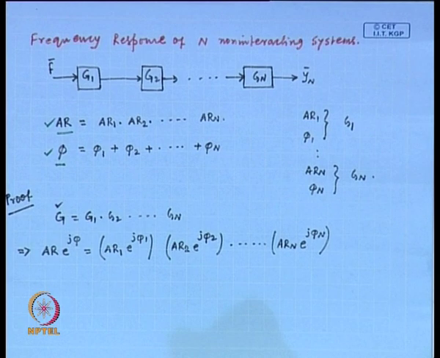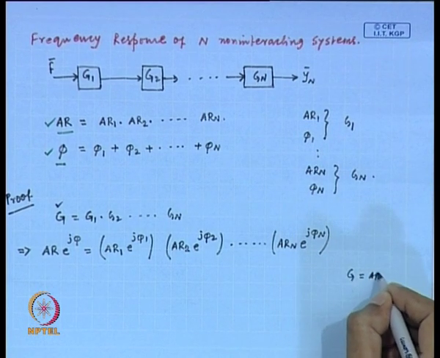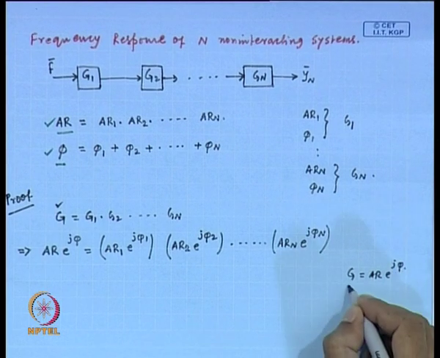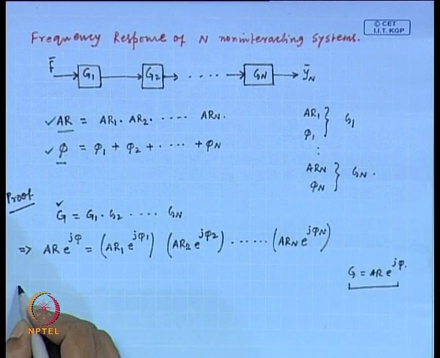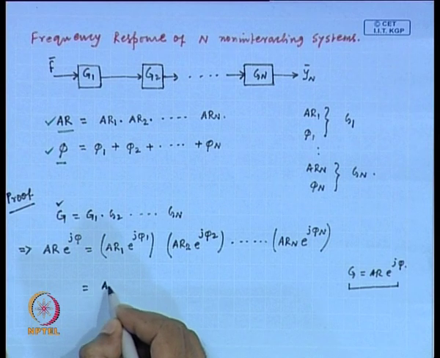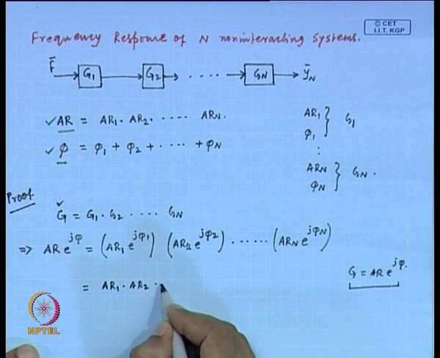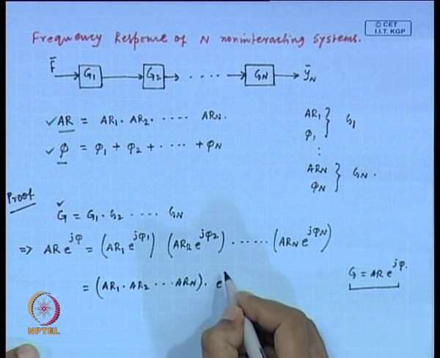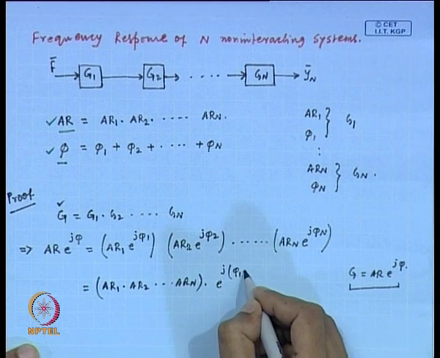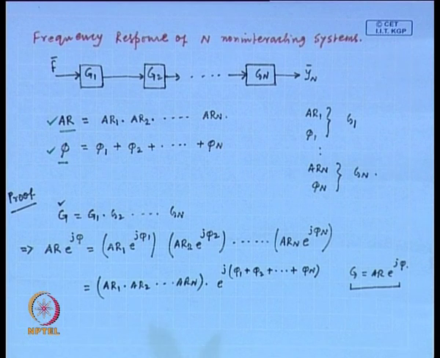We represented the transfer function in polar form. So, generally we write G equals amplitude ratio exponential of j phi. In polar form, we can write the transfer function in this way. Now, the right hand side we can write as amplitude ratio 1, amplitude ratio 2, amplitude ratio n, and exponential of j times the summation of all the phase angles.